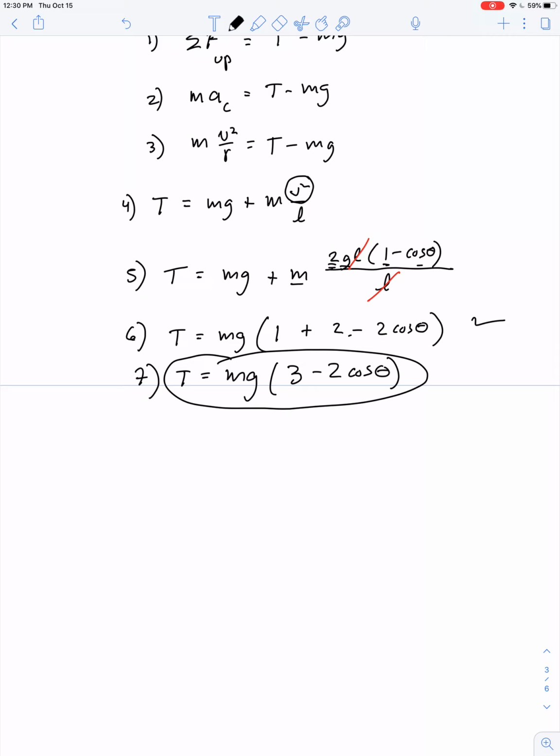So in this example problem, the tension as this person goes through the low point in the swing would be 50 kilograms times 9.8 meters per second squared times 3 minus 2 times the cosine of 30 degrees. Okay, let's see what we get.